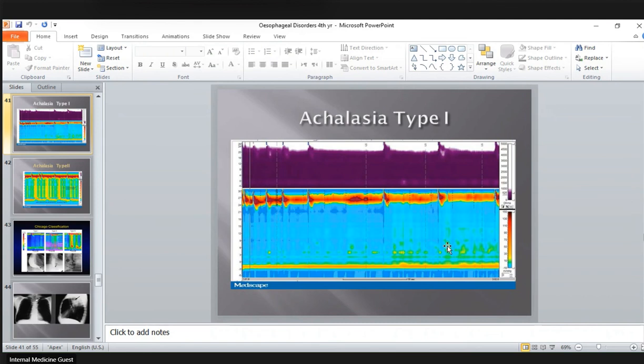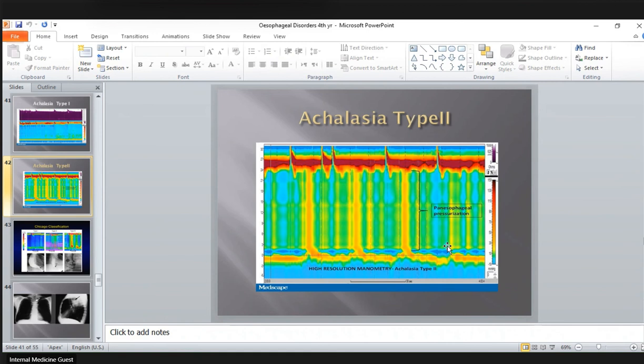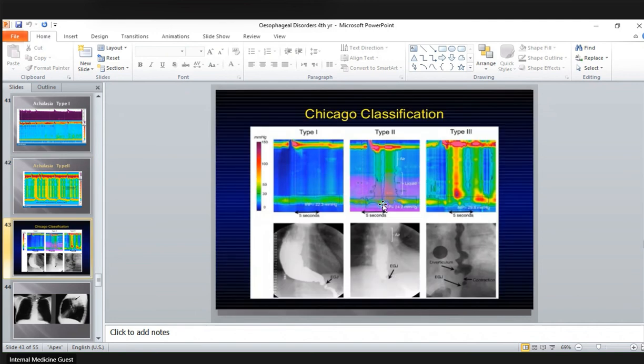The difference between type 1 and type 2 is that the contraction is really strong in type 2 achalasia, so the pressure within the esophageal lumen is elevated. Now type 3 is similar to type 2, but with spastic contraction at the distal end of the esophagus.